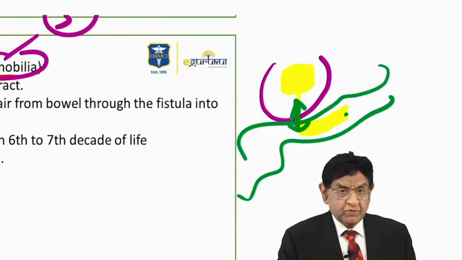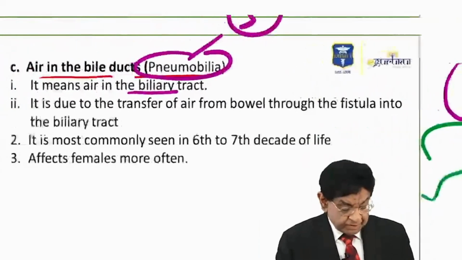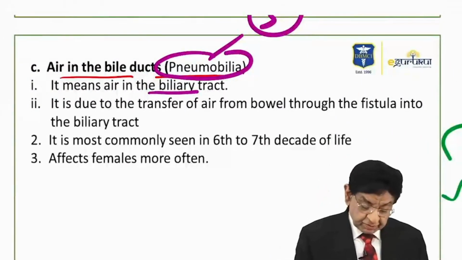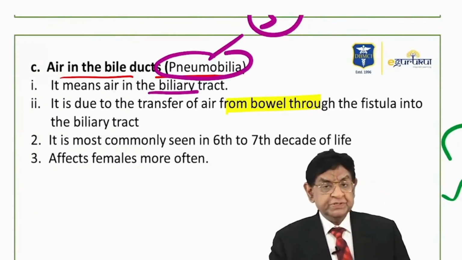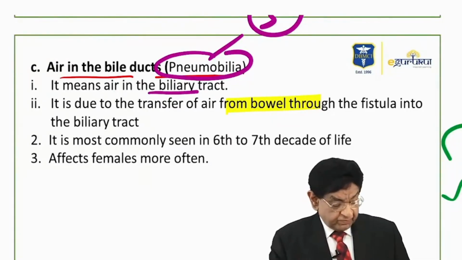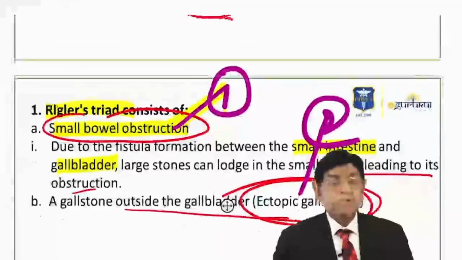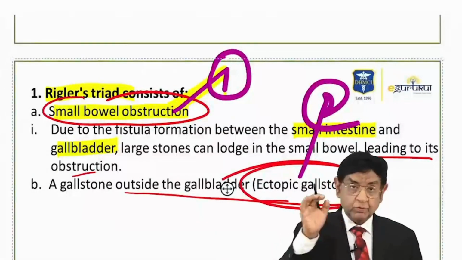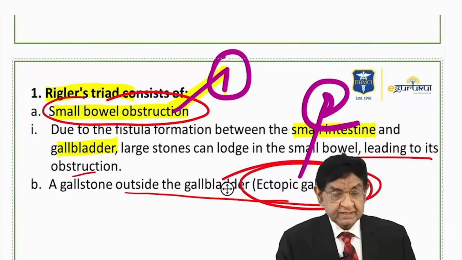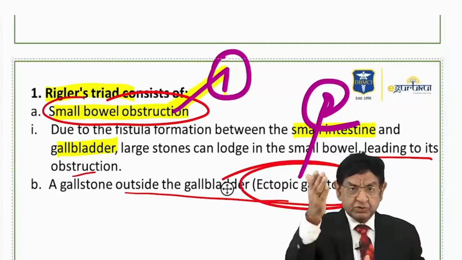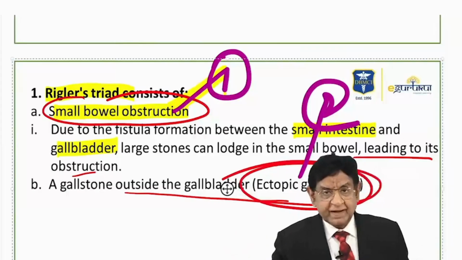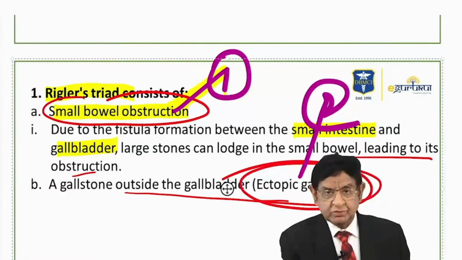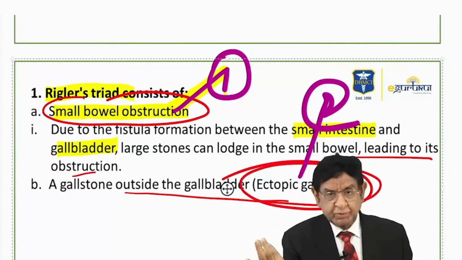So it's the reverse flow of air going into gallbladder, what we call pneumobilia. So air going from bowel into the biliary tract. Okay, so friends, the first one is small bowel obstruction because of gallstone going into the small intestine. Fistula is made, so stone can come into intestine, air can go up, very simple. So the stone coming down will create obstruction, and air going into the gallbladder will create pneumobilia.